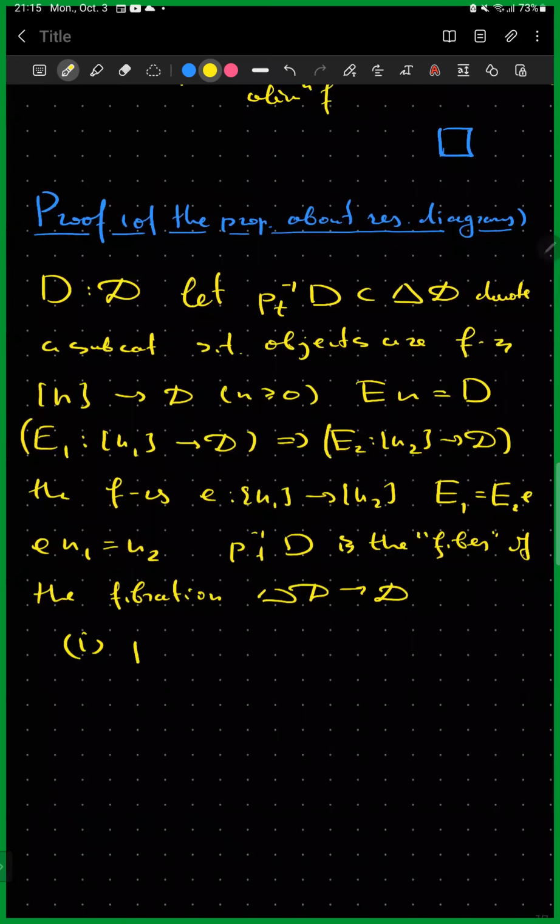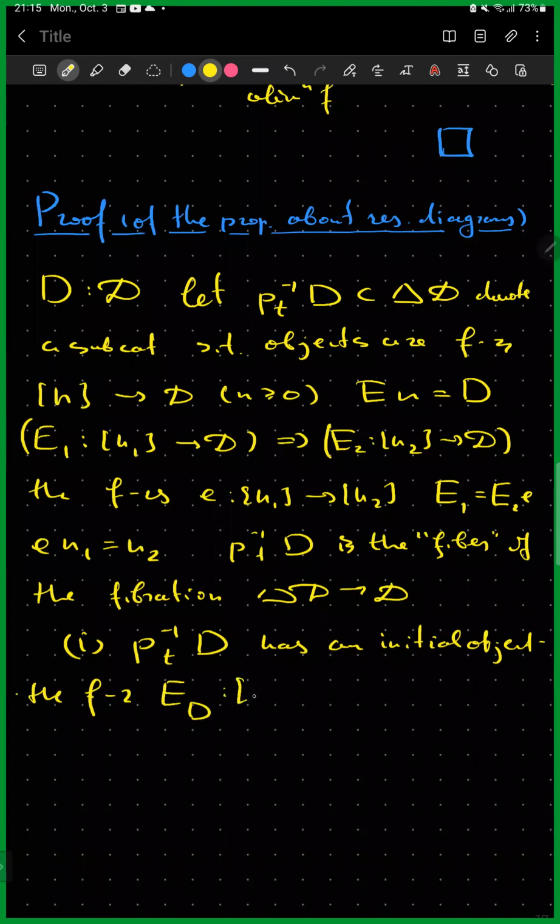Well, this category has an initial object, which is the functor ed from the zero simplex, if you will, to category D, such that ed of 0 is equal to the object D, which is the only possibility really.